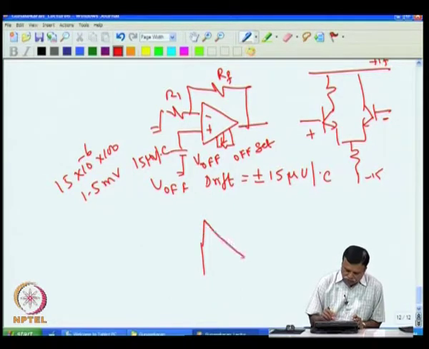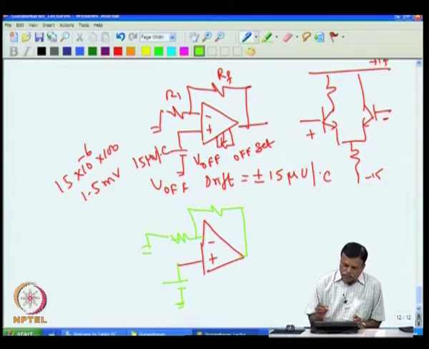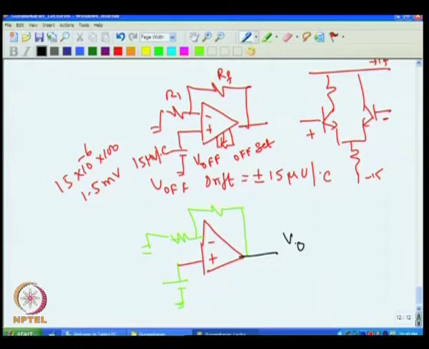I connect an operational amplifier here, I give some gain, then I put the input voltage, and you get V0 here. The gain I set with RF and R1. Now this is the thermocouple voltage I want to amplify.